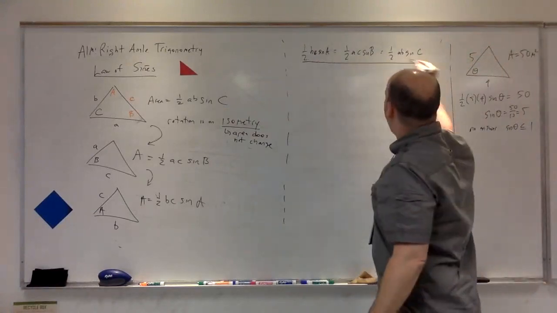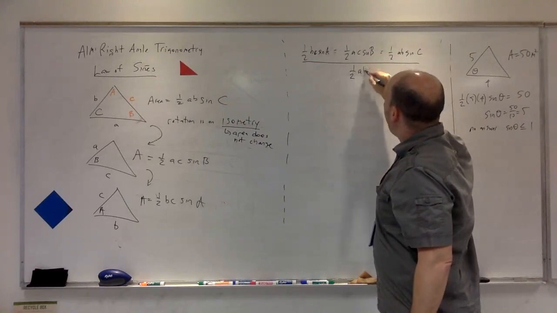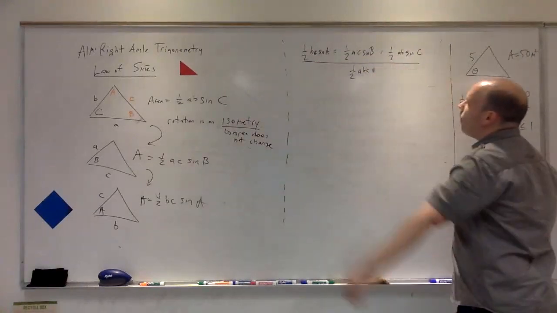Well, what we're going to do is divide every single term by 1/2 ABC.